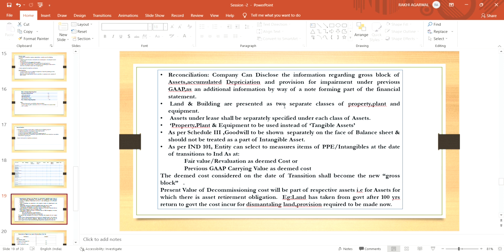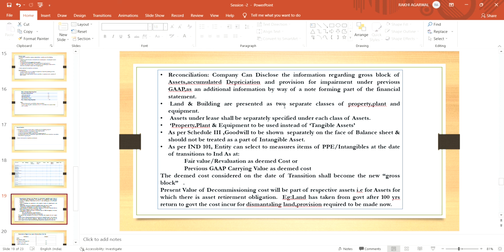Disclosures or some notes related to presentation of PPE, that is reconciliation. Company can disclose the information regarding gross block of assets, accumulated depreciation, provision for impairment under previous GAAP as an additional information by way of note forming part of financial statements.